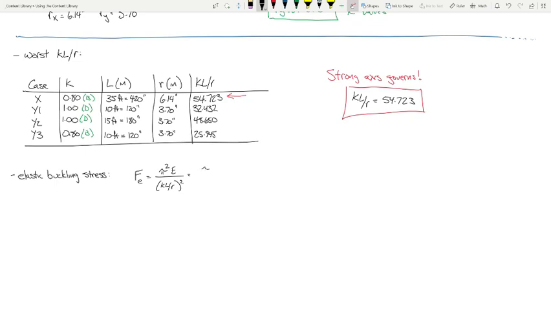So that is pi squared. What's the Young's modulus for steel? 29,000 KSI. I want that number burned into the back of your head by the time you graduate from Marshall University. And then the slenderness is 54.723 squared. Make sure you square that bottom number, okay? So let me know what you get for that.